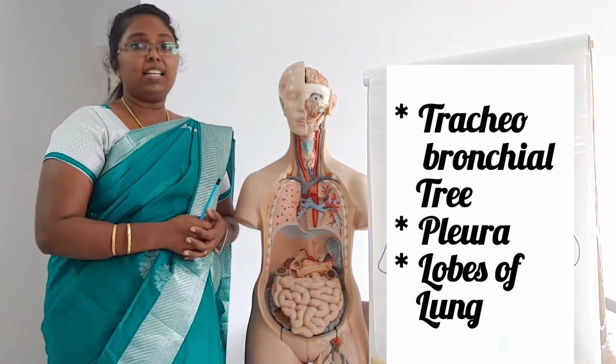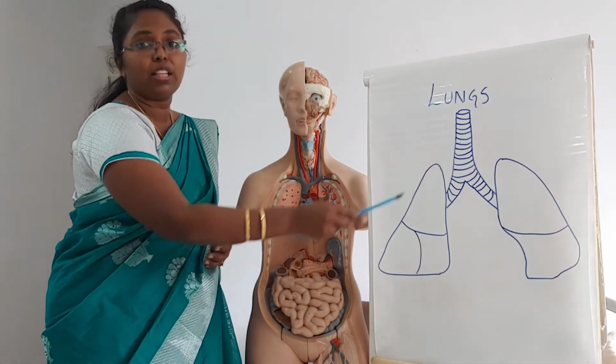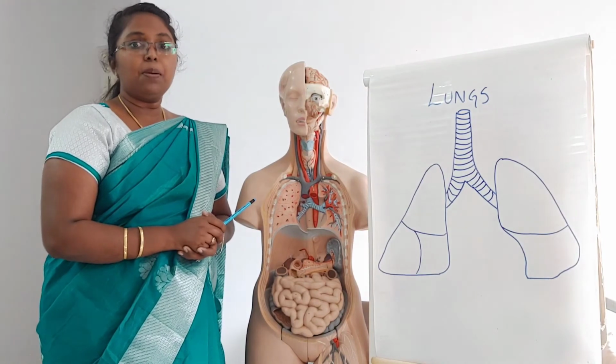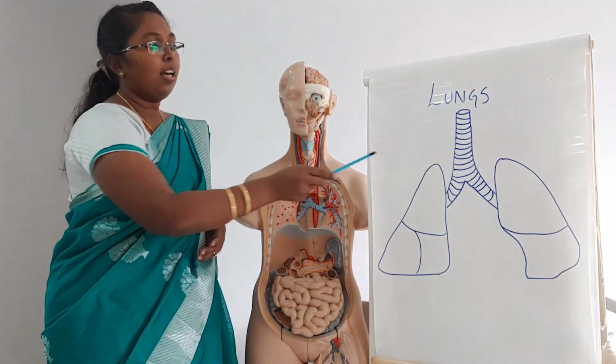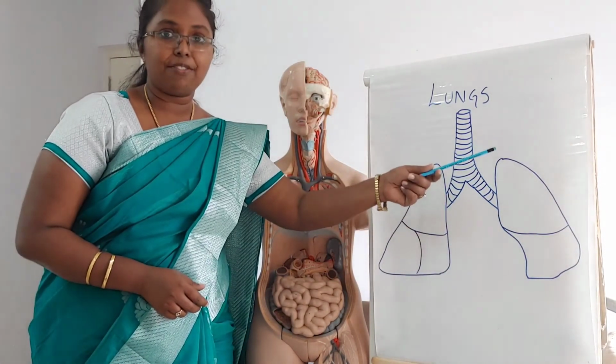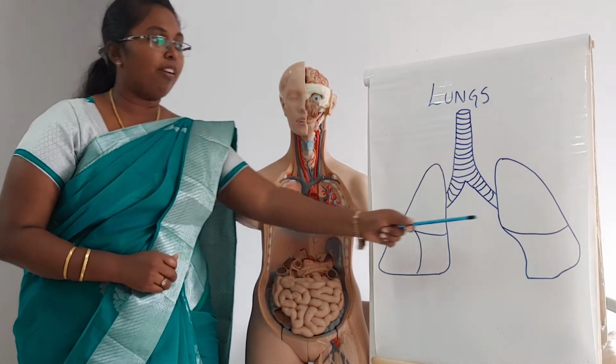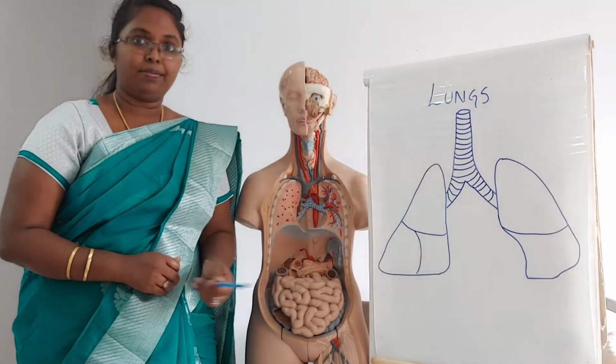Later we learned about the lobes of the lungs: superior, middle as well as inferior on the right side, superior and inferior on the left side, and the fissures which divide the lungs into lobes.